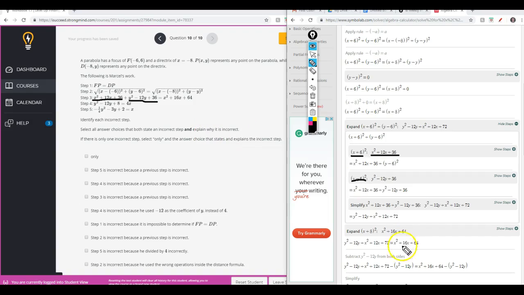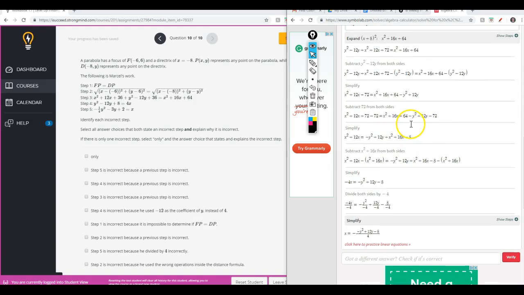So far that's correct. And then we want to check this x plus 8 squared. Again, remember that this x minus negative 8 does simplify down to x plus 8 squared. It is x squared plus 16x plus 64. So that is correct. And this y minus y squared again reduces down to 0. So far step 3 is correct.